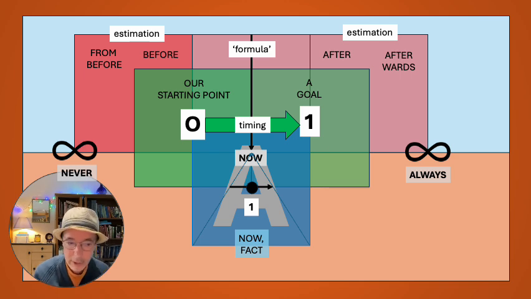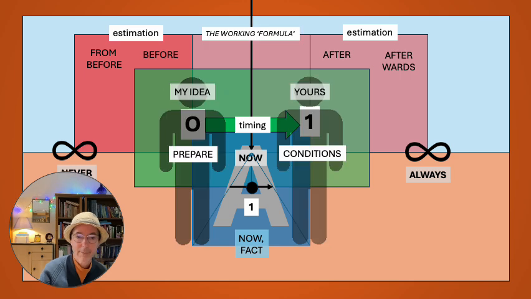In language we use an opinion first, where we start at 0 as an estimation. We go towards a goal, which are the conditions that someone else suggests. We will succeed or not succeed, we will understand or not understand, but we deal with these aspects.